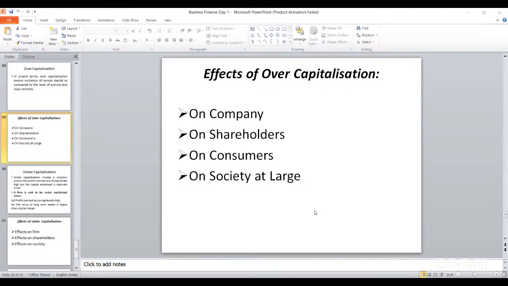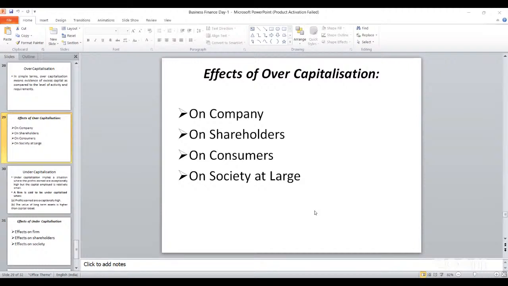So the amount of shares and debentures is 5 lakhs. That means if the amount of shares and debentures issued by a particular company is more than 5 lakhs, then it is said to be overcapitalized, right? If it is less than 5 lakhs, then it is called undercapitalized.